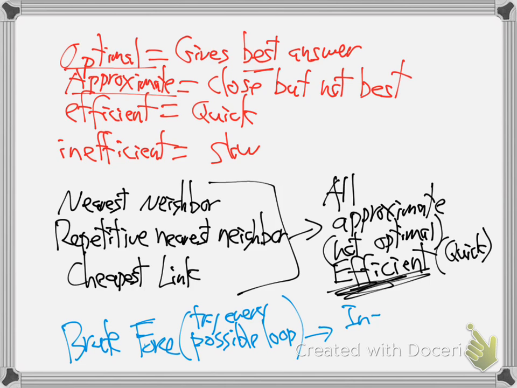It's inefficient, even for the fastest supercomputer on the face of the earth, hundreds of years to solve some of these, even the ones doing trillions of computations a second. There are just too many different possible loops. So it's inefficient, but it would be optimal. If you let it finish, you would get the very best loop, the cheapest way to deliver those goods. You would get the best answer because you looked at every possible loop. So you know you got the best one.